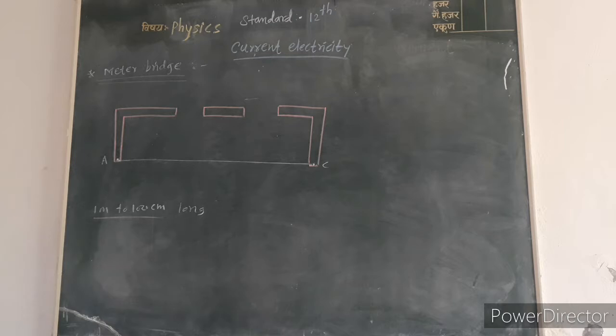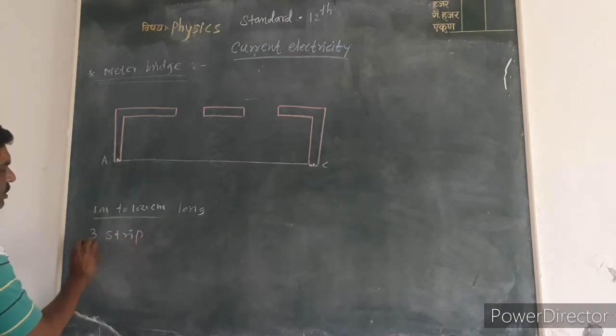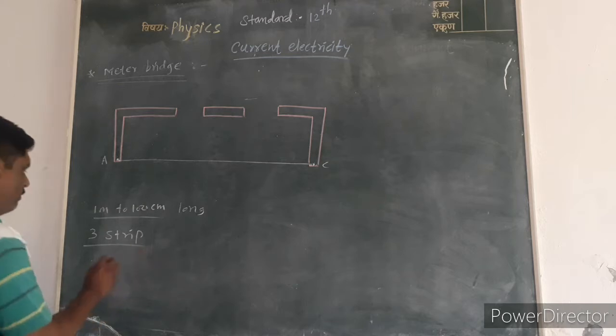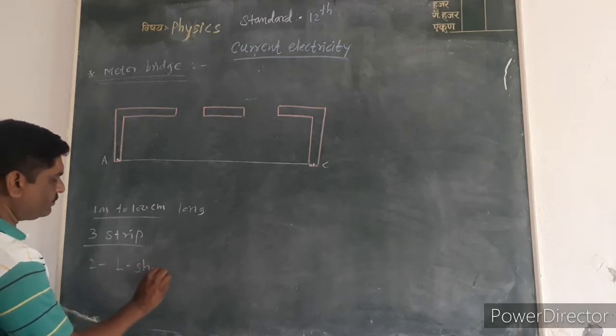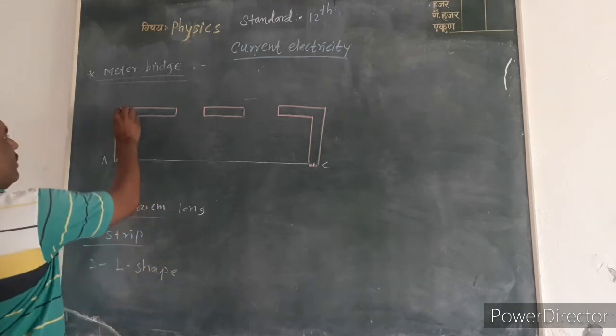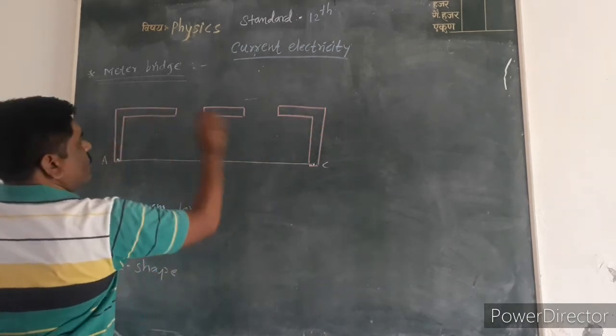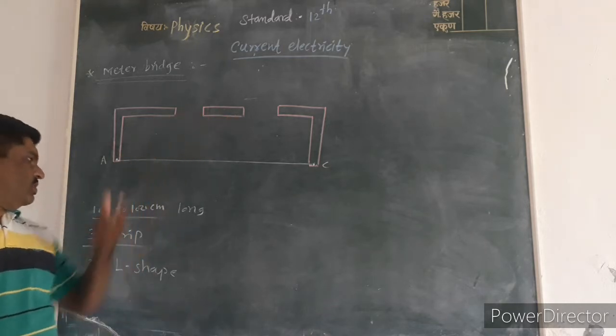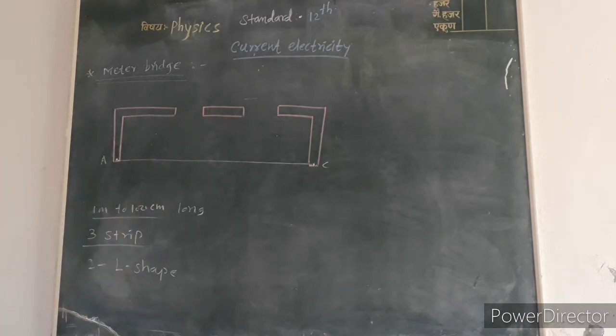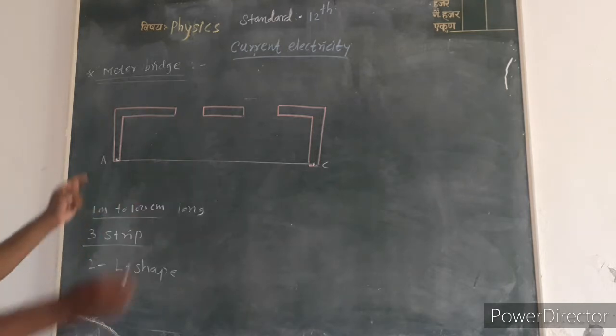Also, this meter bridge consists of 3 metal strips. 2 metal strips are L-shaped, that is first and second. These two are L-shaped, and this strip acts as a meter scale.